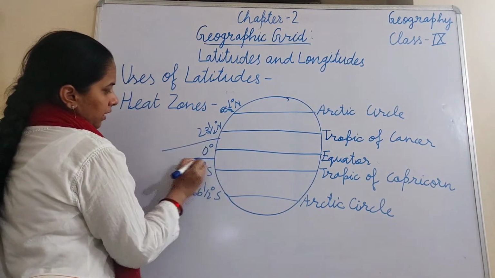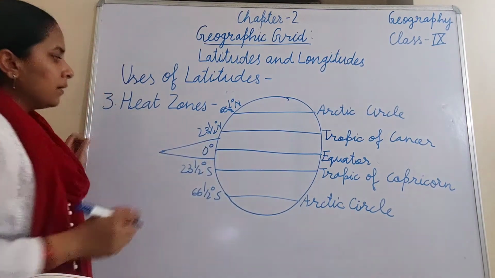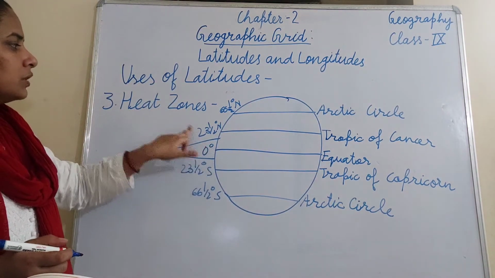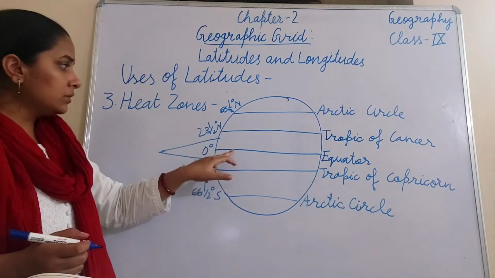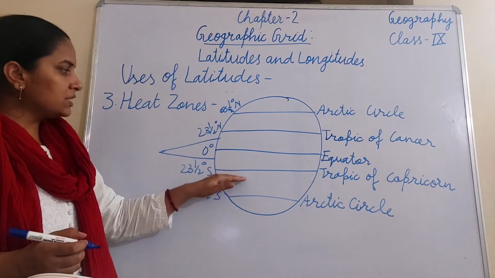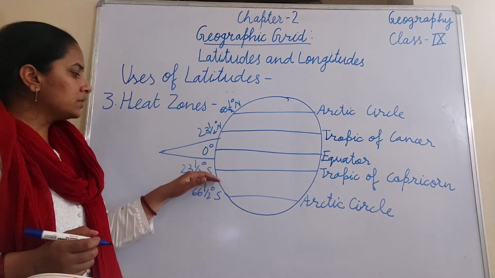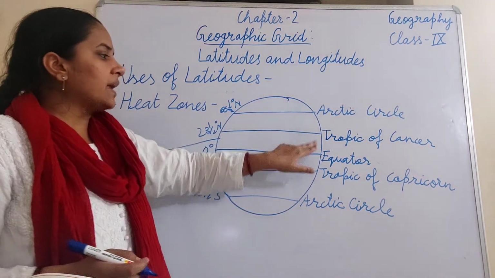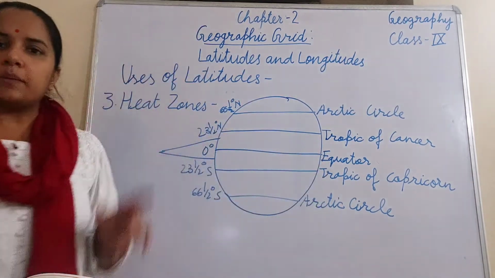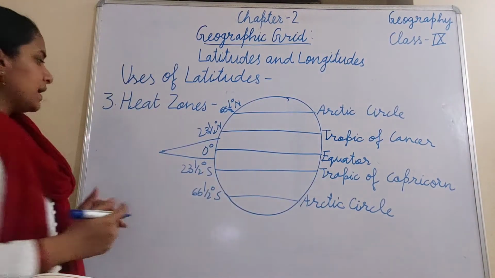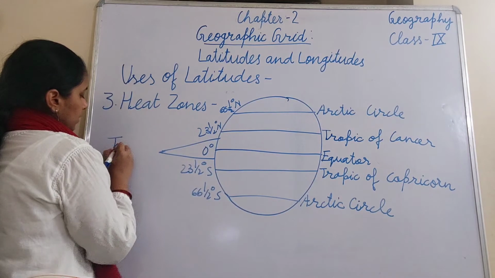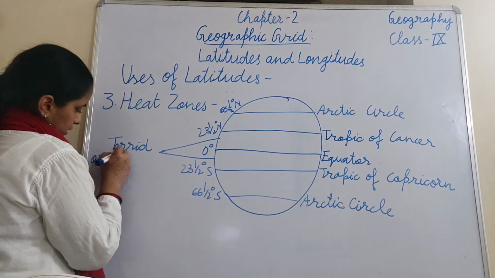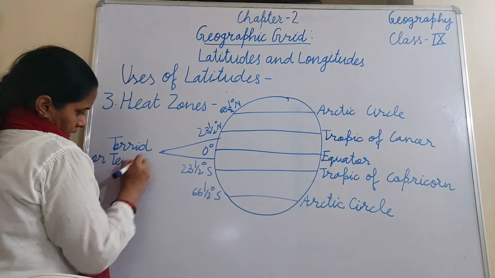This area. If we talk about the northern hemisphere, from 0 degree to 23.5 degree north, and if we talk about the southern hemisphere, 0 degree to 23.5 degree south, means the area between the Tropic of Cancer and the Tropic of Capricorn is known as the torrid or tropical zone.